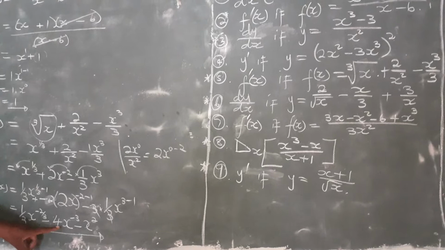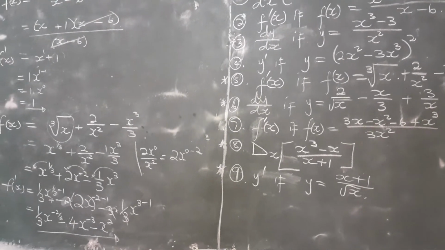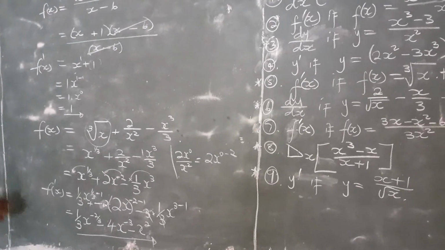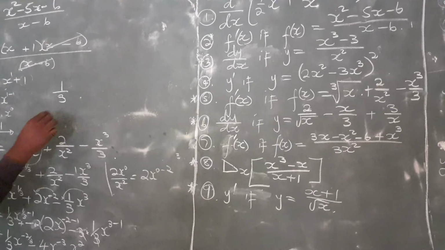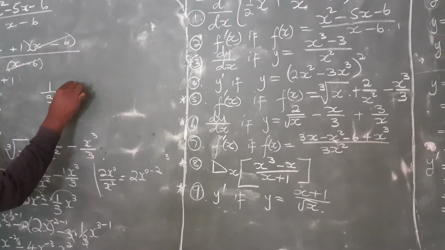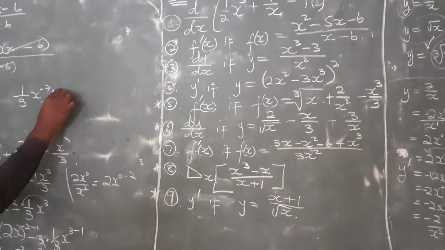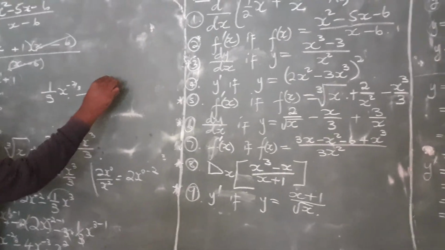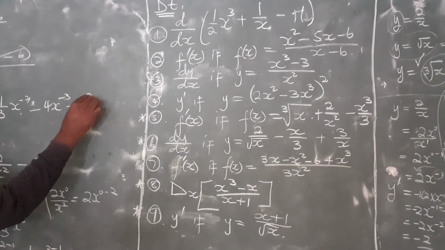But I can still change this exponent to positive exponents, which means to change that to a positive exponent: 1 over 3 x to exponent negative 2 over 3, minus 4 x to exponent negative 3, negative x to exponent 2.